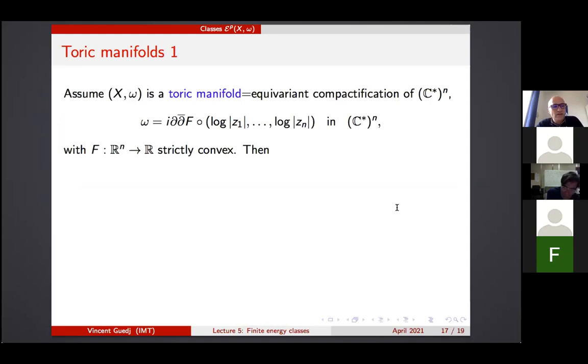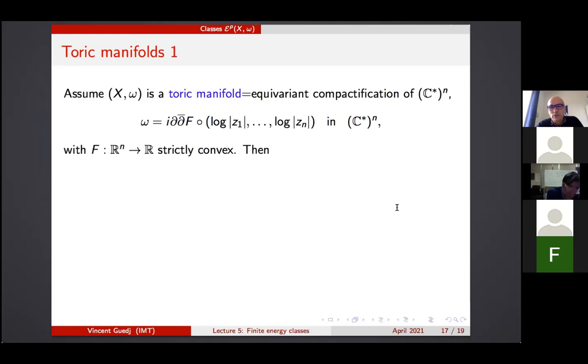If you like, this is a very good class of examples with lots of symmetries, and one of the only types of examples where we can actually compute more or less explicitly Monge-Ampère measures.